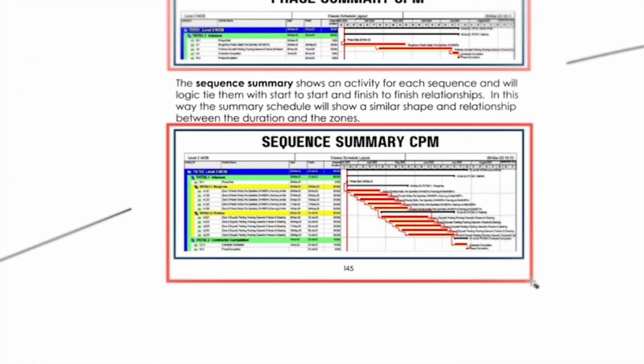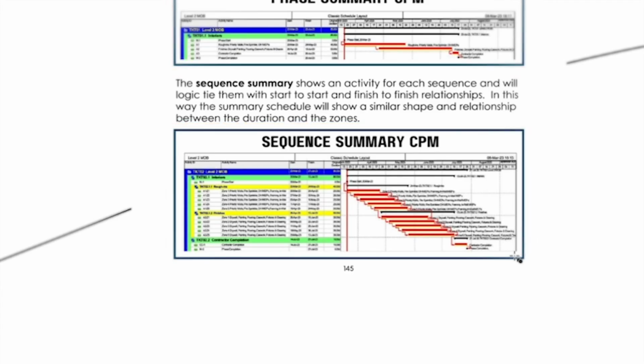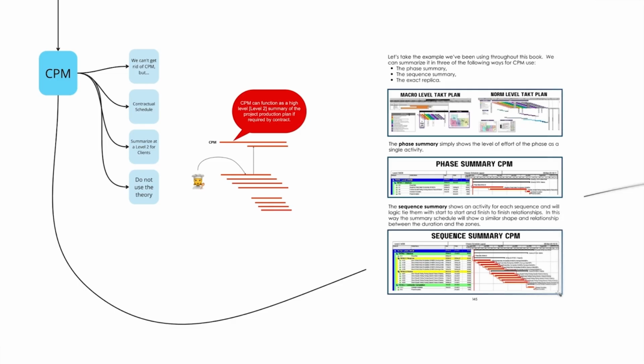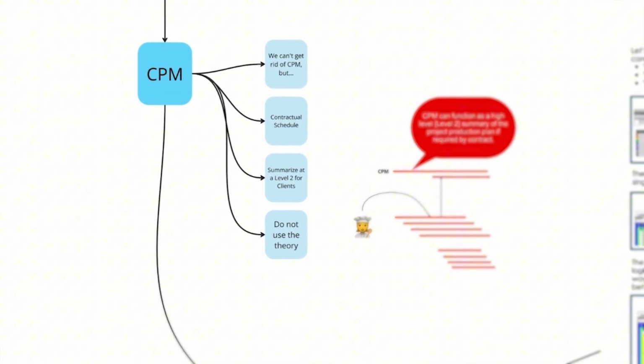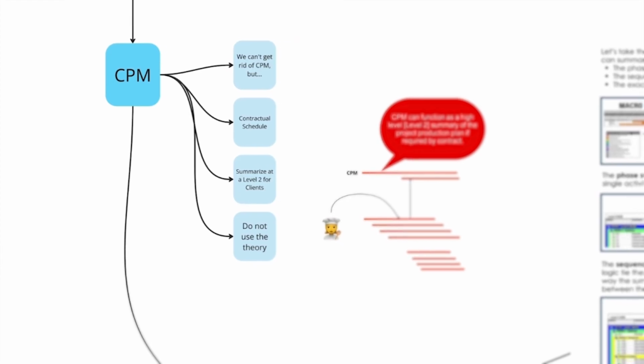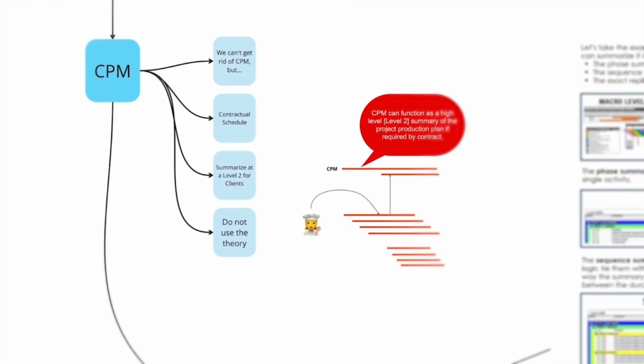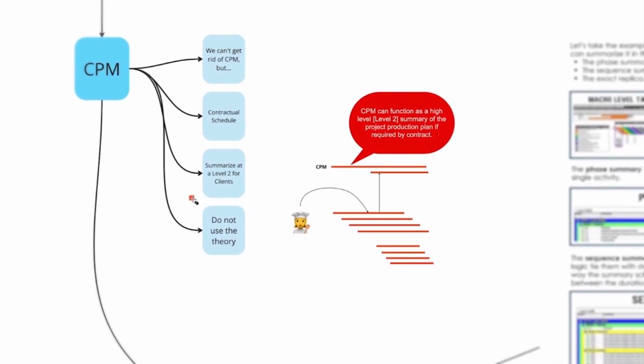This is probably the most detailed I would go. And you can use it as an as-built schedule, but CPM really should not be used to plan or execute work. But I don't particularly have any problems if it's used basically as a summary or as an as-built schedule, as long as we don't use the theory behind it.